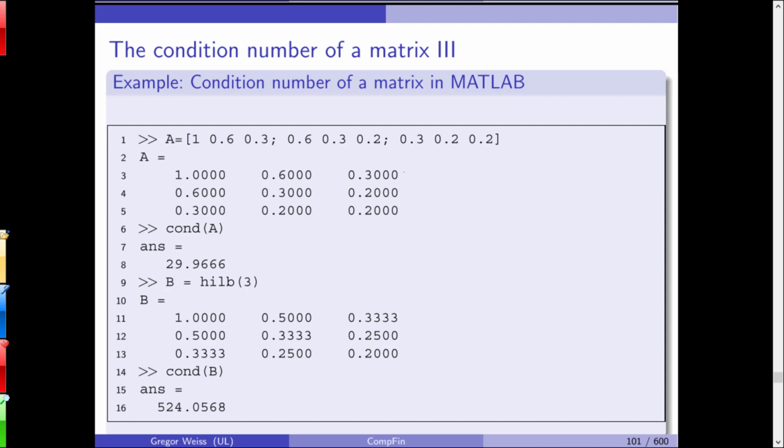It's much, much higher. If we solve a system of linear equations with A, regardless of what algorithm we use, we will get a much better result than using the second matrix B, simply because errors in the input data of the vector b are amplified by this matrix.